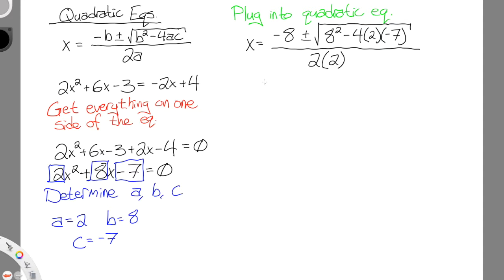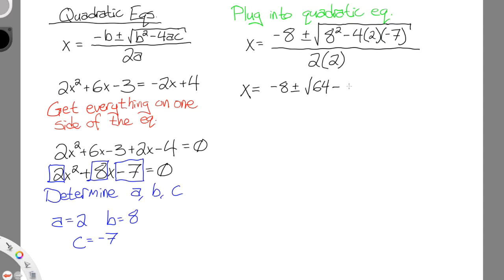At this point, if you're good with your calculator, you can just plug it right in, but I'm going to show a couple more steps. So we've got negative 8 plus or minus the square root. 8 squared is 64. Minus 4 times 2 is 8, and then 8 times 7 is 56.